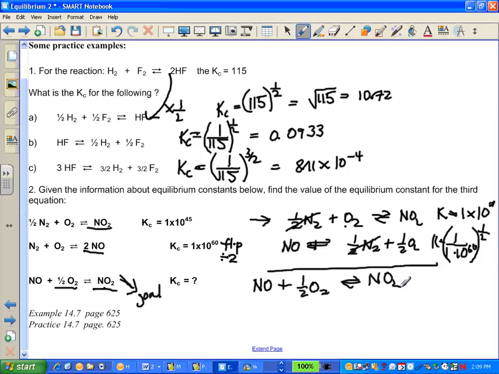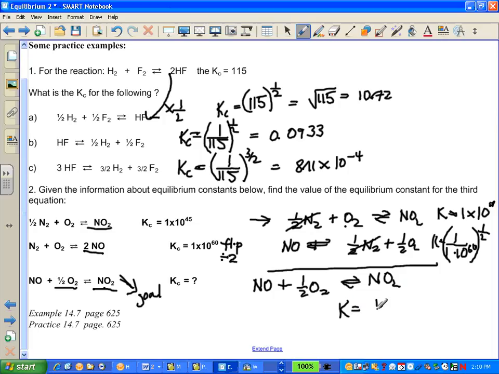What we learned previously was that if you add two reactions, the equilibrium constants get multiplied. So the equilibrium constant for this third reaction, our goal reaction, is equal to the equilibrium constant 1 times 10 to the 45 multiplied by 1 times 10 to the 60 after it's undergone this manipulation.